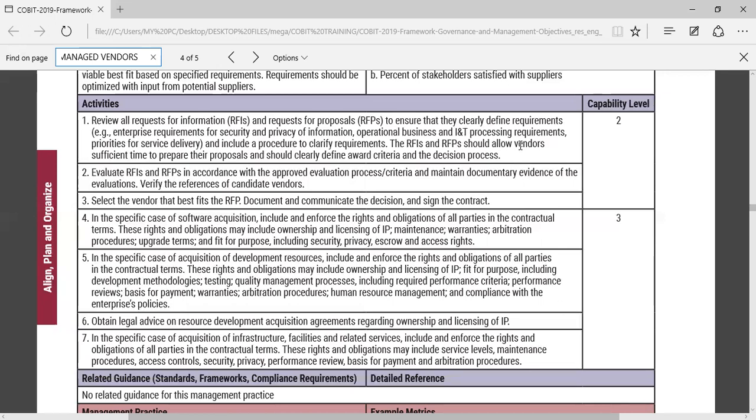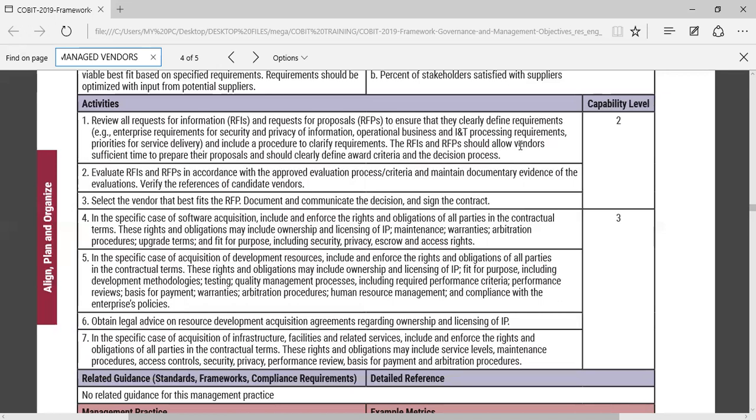Name of the company, what they did for the company, all right, name of contact person, email of contact person, phone number of contact person. A very good vendor selection process is expected to have all this information. So review the request for information and the request for proposal based on the evaluation criteria that you have set, and also review the responses to these requests in accordance with the evaluation criteria. Number two.